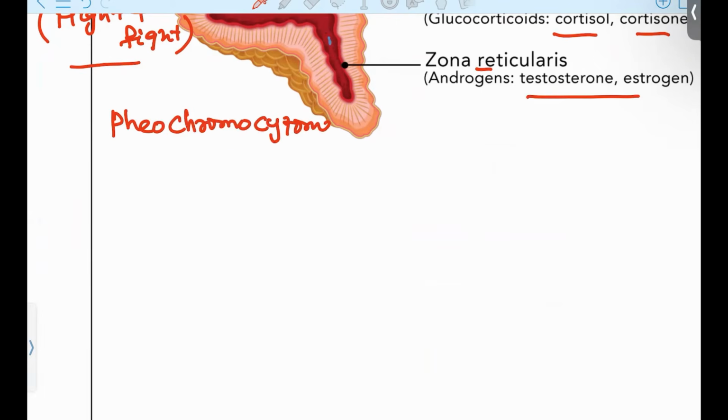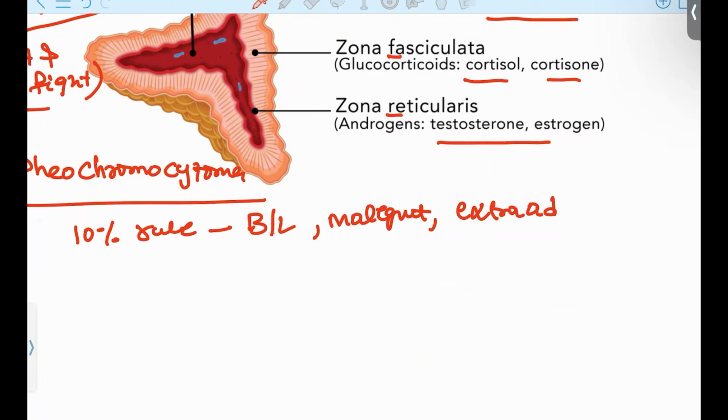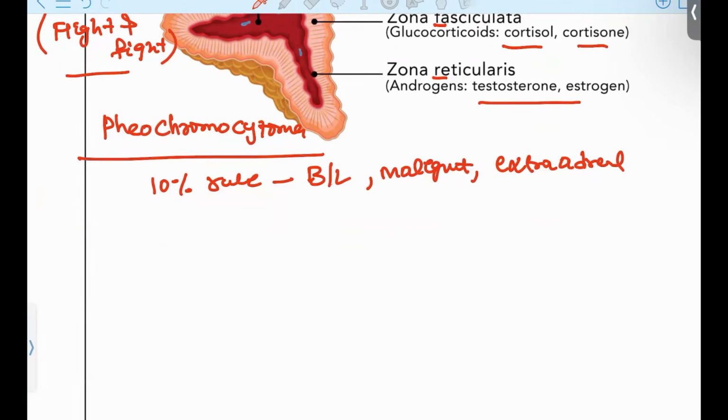This patient has pheochromocytoma, and this has the 10% rule. What is this 10% rule? 10% of patients will have bilateral pheochromocytoma, 10% will have a malignant condition, and 10% will be extra-adrenal. This is the 10% rule of pheochromocytoma patients.